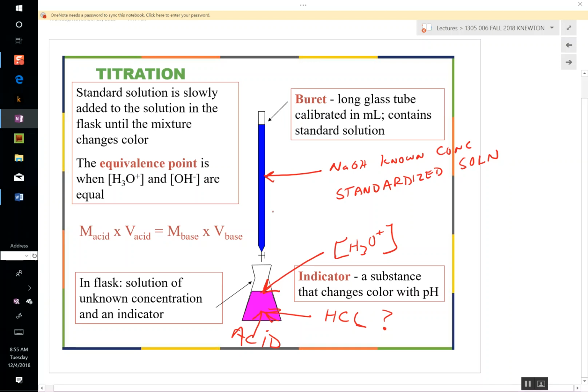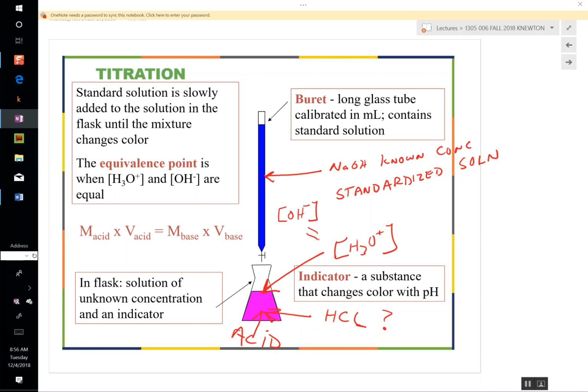So you're going to drip this in until an equal amount of hydroxide ion has dripped into the flask. With me, Gene? Yes? Just nod your head. Yeah. You got it? All right, so that's your equivalence point.